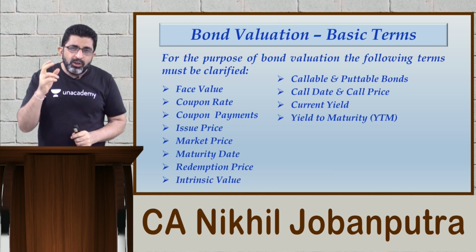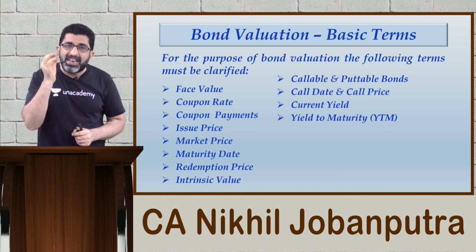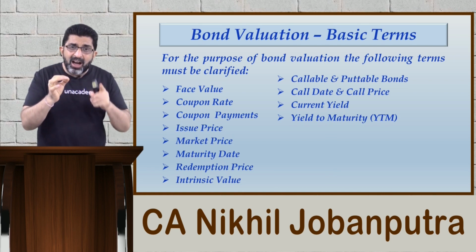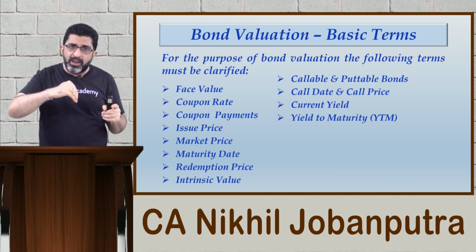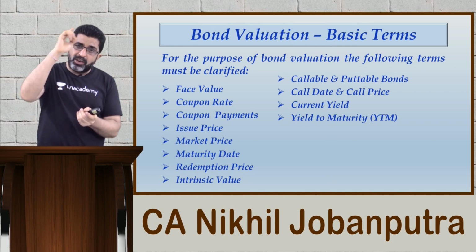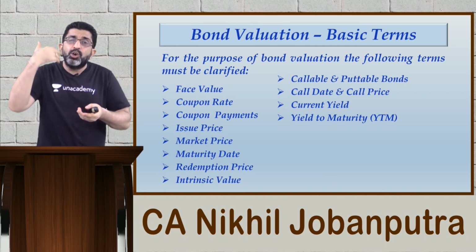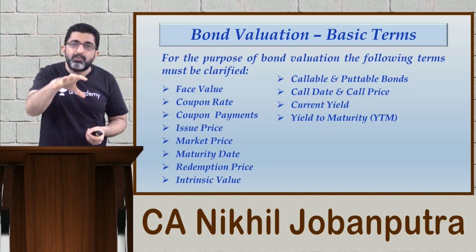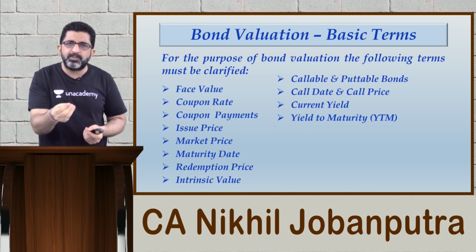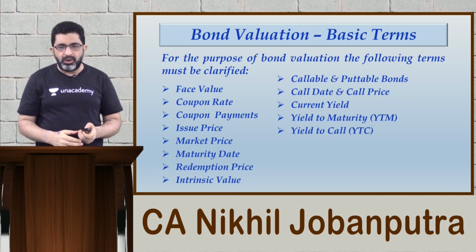If you can recall, you would have learned the concept of internal rate of return, IRR, correct? So when you are an investor purchasing a bond today and holding that bond till maturity, what will be the yield to maturity? It is nothing but the internal rate of return of that investment. IRR of that investment is basically yield to maturity.